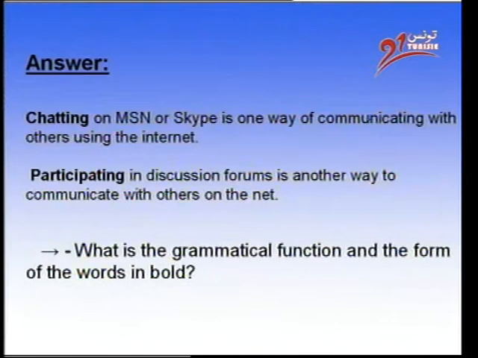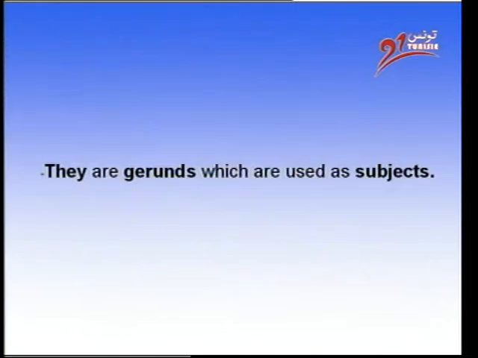So, chatting on MSN here, they look like subjects. Participating is also in the beginning of the sentence. It also looks like a subject. So if we turn to the answers, we can see now that they are gerunds which are used as subjects. What is the form of these words? Of course, verb plus ing, as we said in the beginning.